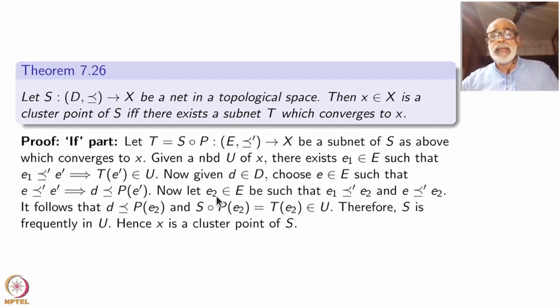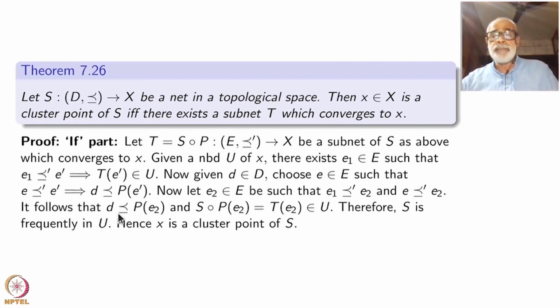Now, take another element E2 inside E such that E2 follows both E1 and E. That is possible because E is a directed set. So E1 is less than or equal to E2 and E is also less than or equal to E2.